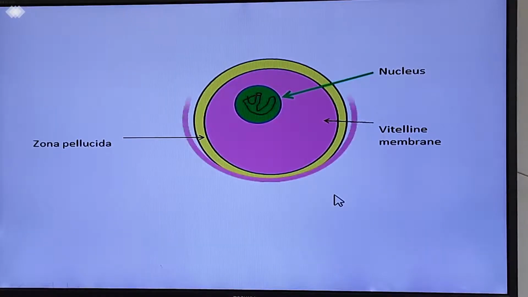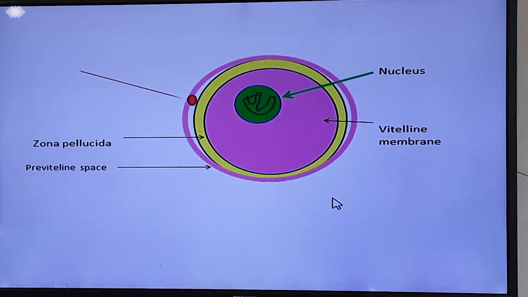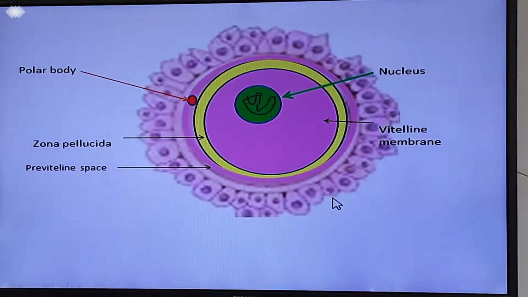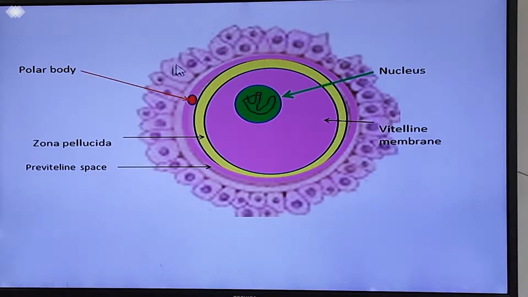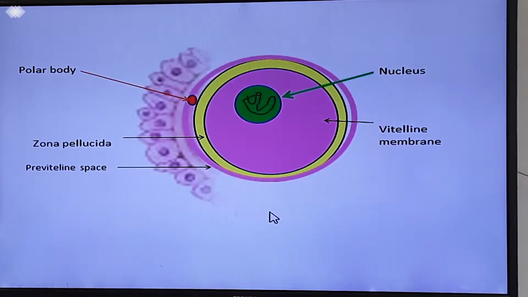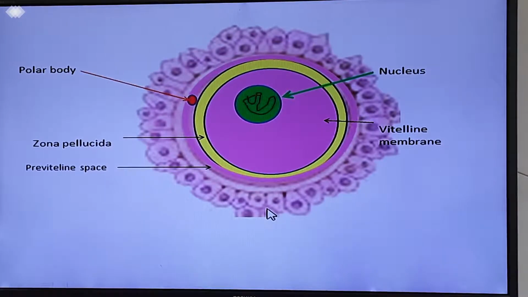And the outer coat, which is a cellular coat, is known as corona radiata.